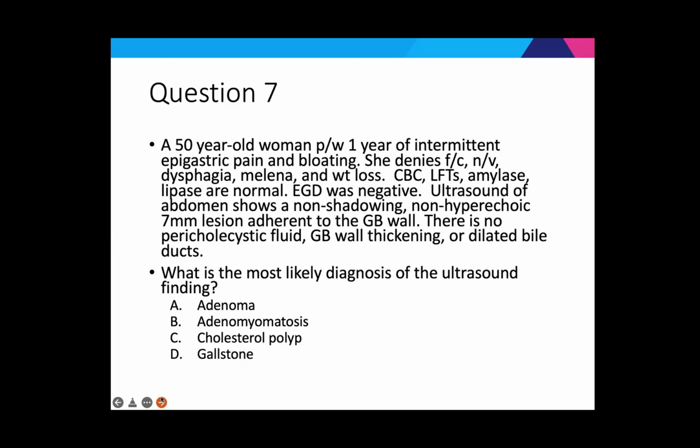Ultrasound of the abdomen shows a non-shadowing, non-hyperechoic 7-millimeter lesion adherent to the gallbladder wall. There's no pericholecystic fluid, gallbladder wall thickening, or dilated bile ducts. Which of the following is the most likely diagnosis for the ultrasound finding? Is it A, adenoma, B, adenomyomatosis, C, cholesterol polyp, or D, gallstone?